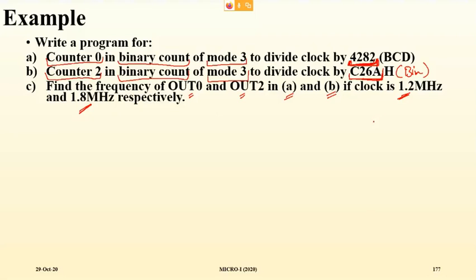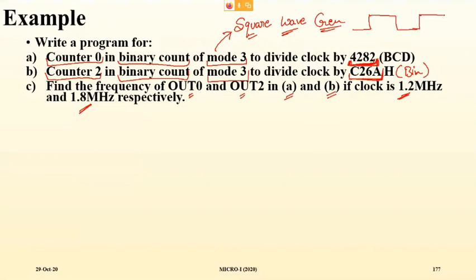So there are two different clocks connected to counter 0 and counter 2, and we have to know the frequency because mode 3 is a square wave generator. Remember that it is a square wave generator, so definitely it is getting auto reloaded, and we are going to get something like this.